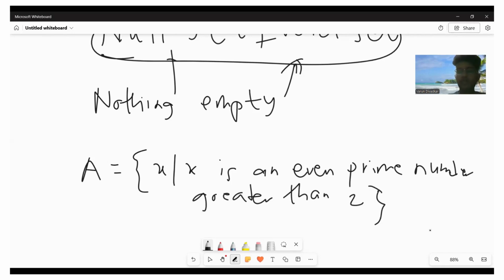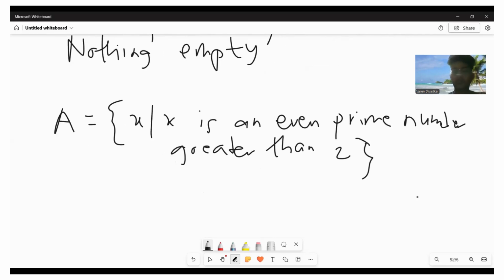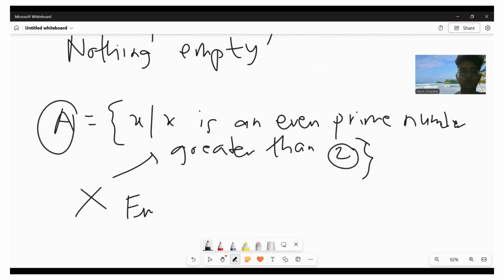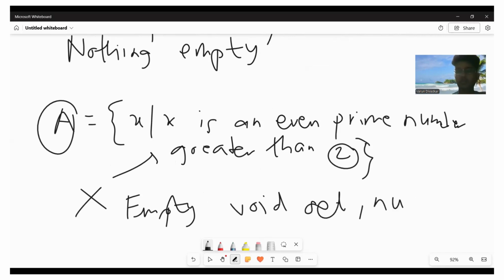So do you have any such even prime number that's greater than 2? No, right? 2 is the only even prime number. So this set A basically contains nothing. It's empty. This is a void set, right? Or a null set, right?